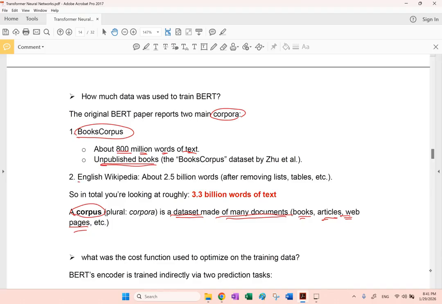And they also used the English Wikipedia, which has 2.5 billion words. So how many words or tokens were used to train it? 3.3 billion, as opposed to 110 million parameters. You see, look how many times your data should be bigger than that, so you don't overfit, so you don't memorize. Now imagine for ChatGPT with 5 trillion parameters, how much data is used.